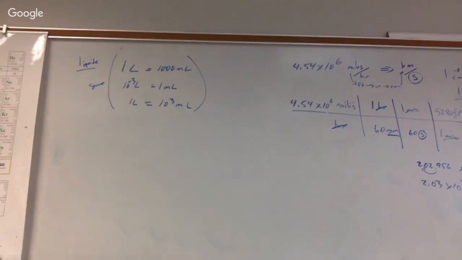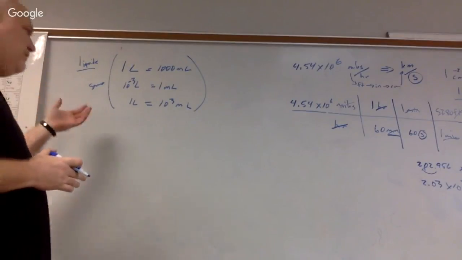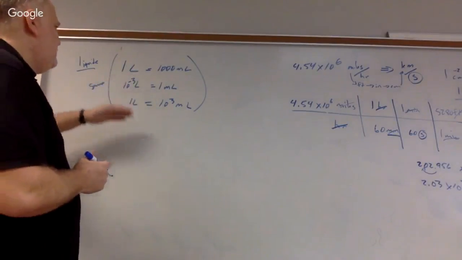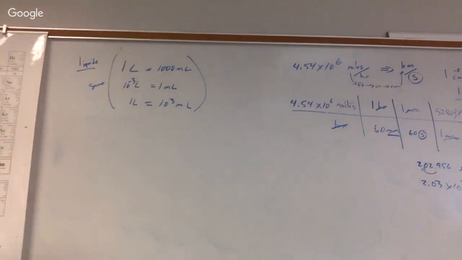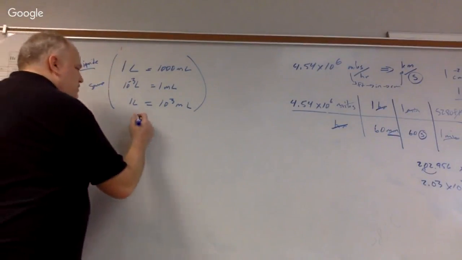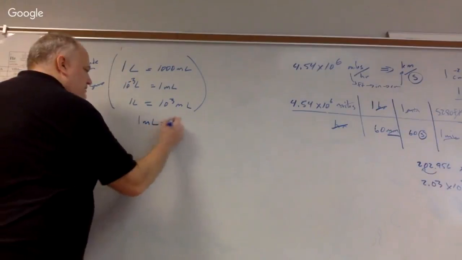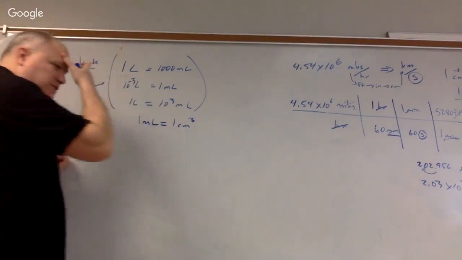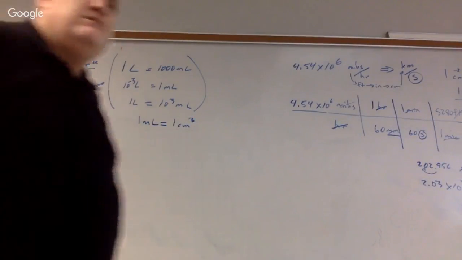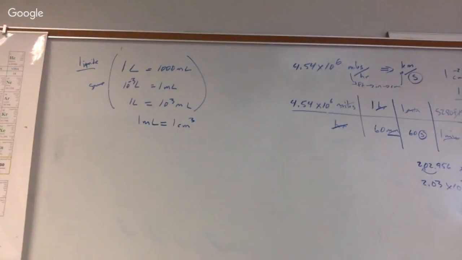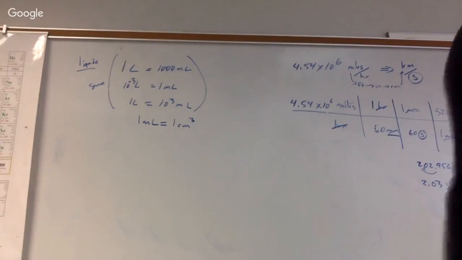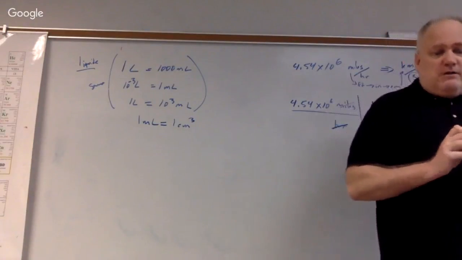But cubic units are a little different. You can never go directly from a liter unit to a cubic unit unless you use this conversion. Here's the conversion. 1 milliliter is equal to 1 centimeter cubed. This is the crossover between volume measurements of cubic units and liquid units. Stay with me. We have like 5 minutes left. Literally what would happen is this.